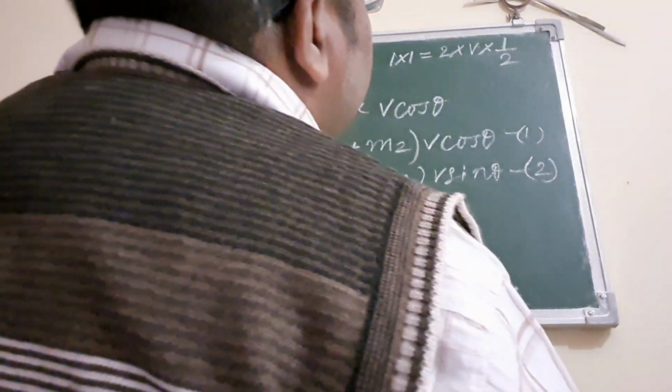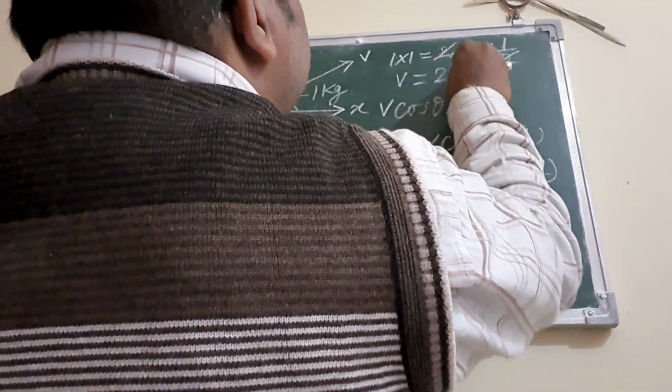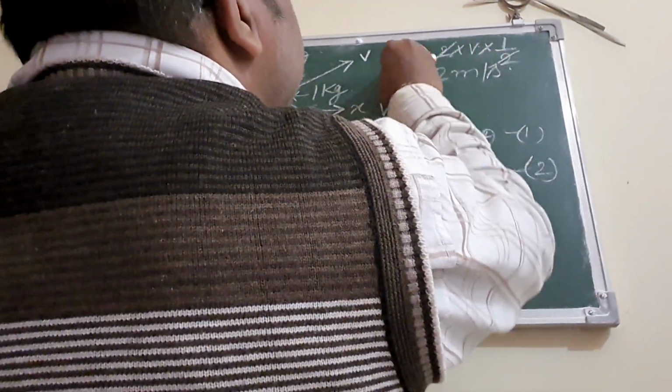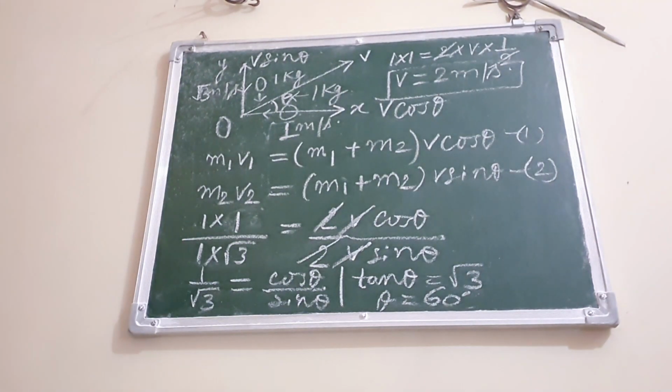So 2 and 2 get cancelled, so velocity is 2 meter per second. So this is the velocity with which both the bodies, after sticking together, will move, the final velocity v. So I think you all might have understood this question.